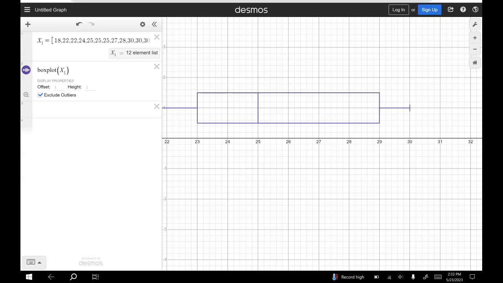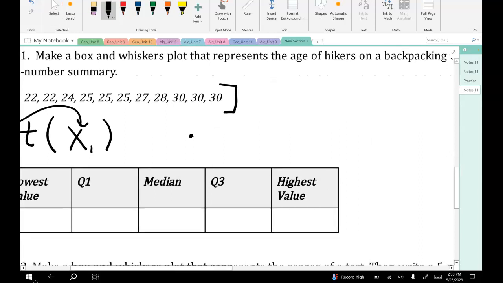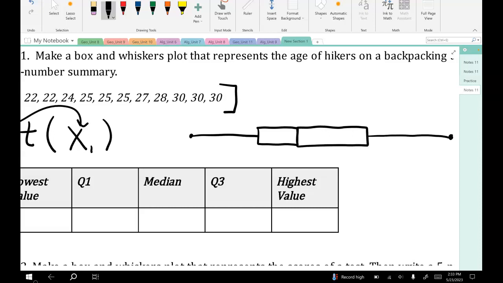So now I'm going to take this and draw a picture of it on my paper, because that's what you're going to be doing on your homework. You're going to be getting this off of Desmos and drawing a picture of it on your paper. So going back to here, we would have our box and whiskers plot. That's what your picture would look like, and we're also going to label it.